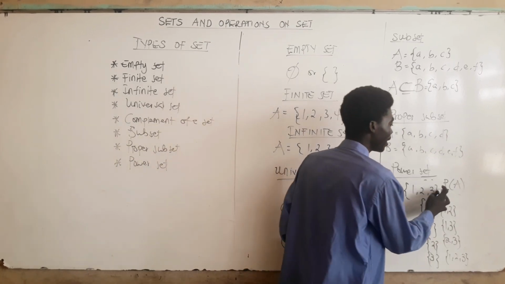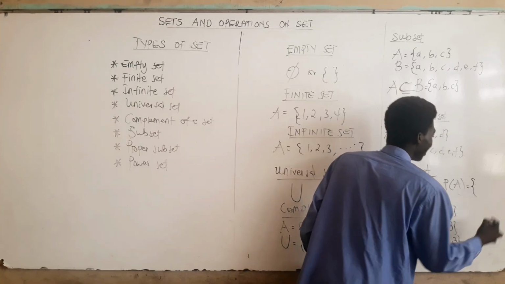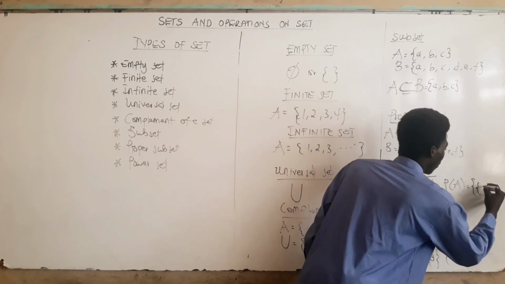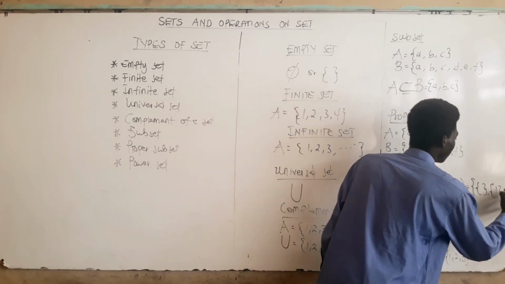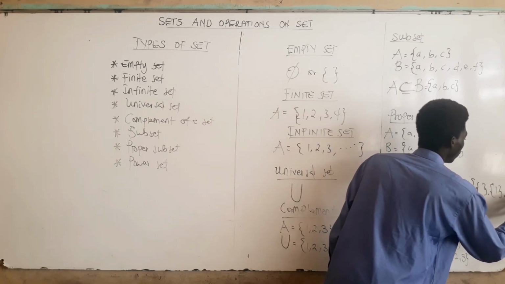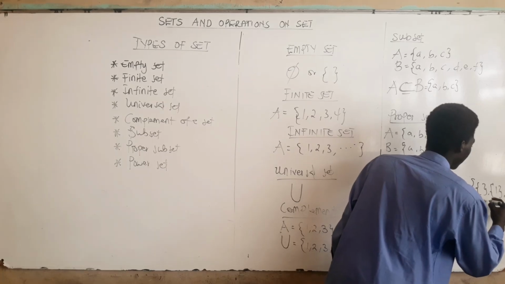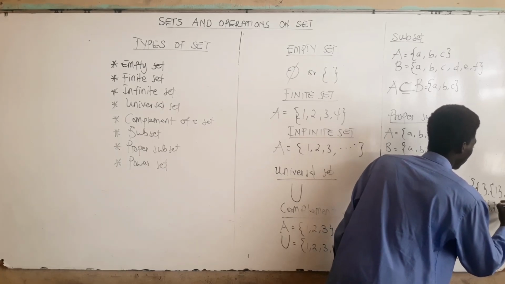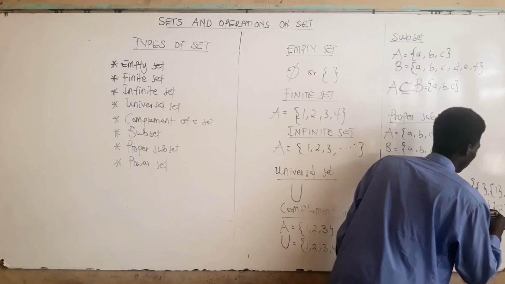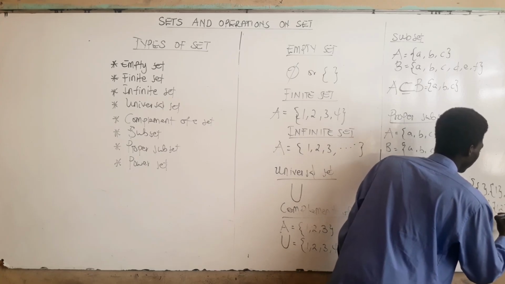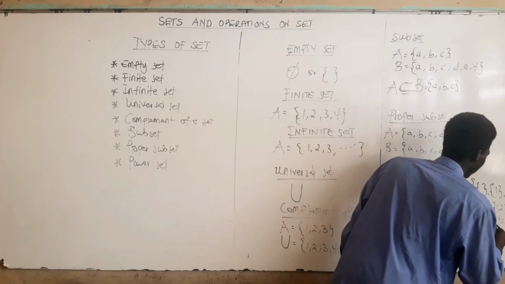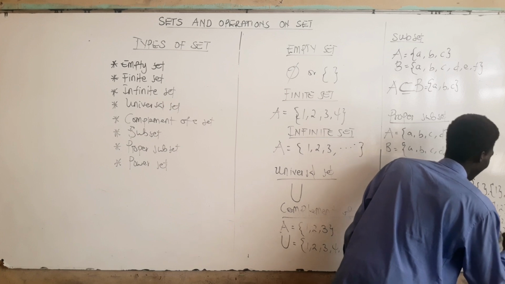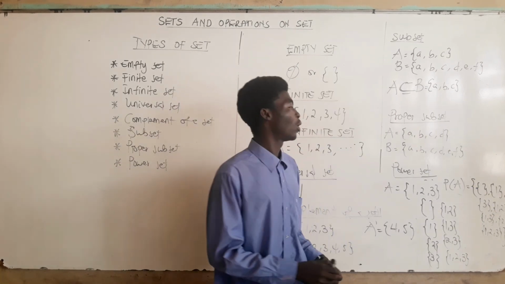So the power set of A is the list of the empty set, 1, 2, 3, 1 and 2, 1 and 3, 2 and 3, 1, 2, and 3. And then you close your set.